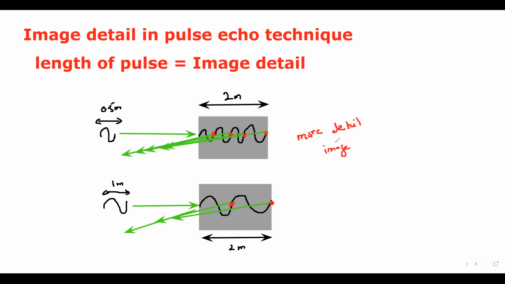More detailed image means we can see what is inside the object. And this is giving us a less detailed image. So we can say the length of the pulse is inversely proportional to image detail.